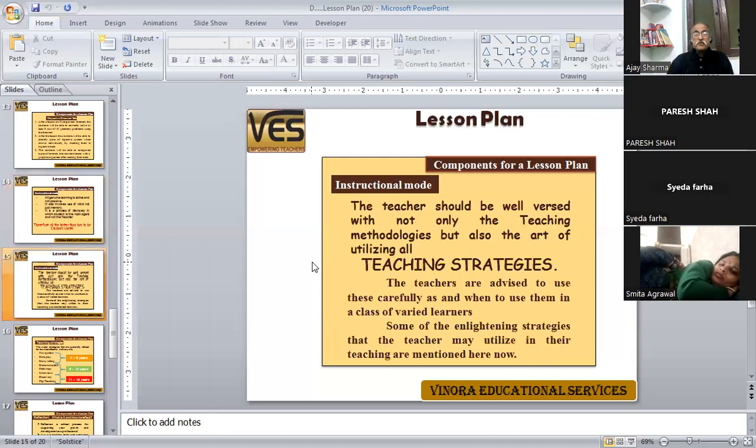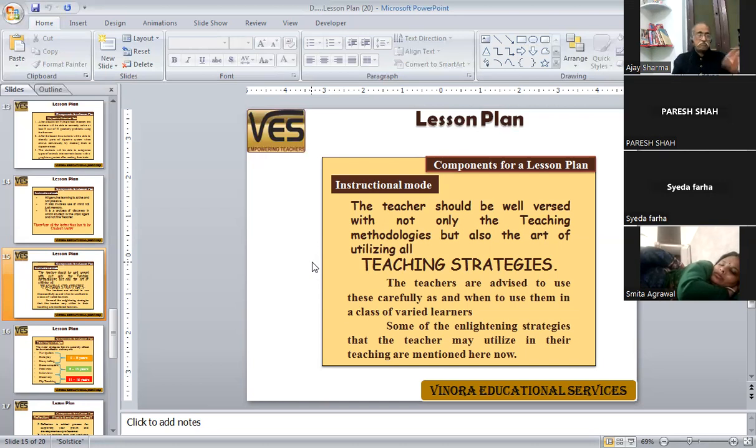Then the teacher should be well versed with not only the teaching methodologies, but also the art of utilizing all methodologies, the teaching strategies, which means the teachers have to be very careful as and when to use them in the class of varied learners. You see, the learning styles. I'm going to hold a webinar on learning styles of the students, how to identify.